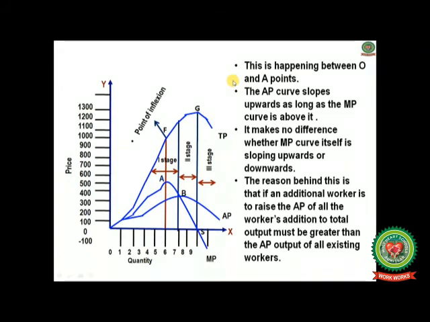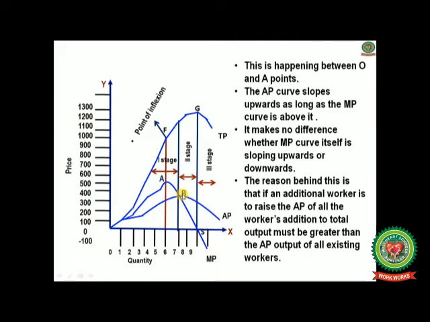This is happening between point O and point A. This is the point of inflection. The AP curve slopes upward, and after the point of inflection there is the upward sloping of the TP curve, and here is the upward sloping of the AP curve.